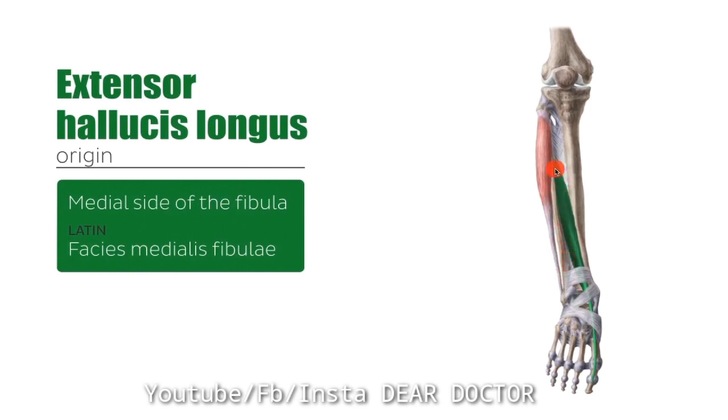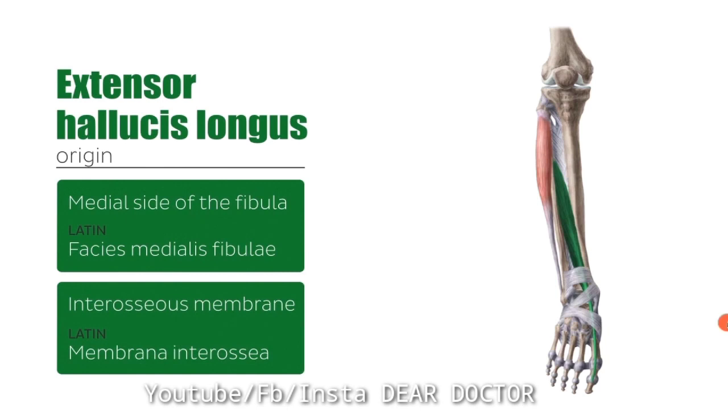This is the fibula hiding here, and the extensor hallucis longus is originating on the medial side of this bone. And also, like we've seen on the previous muscles, the interosseous membrane also hidden here a bit, and you can notice a little portion also a little bit below here.